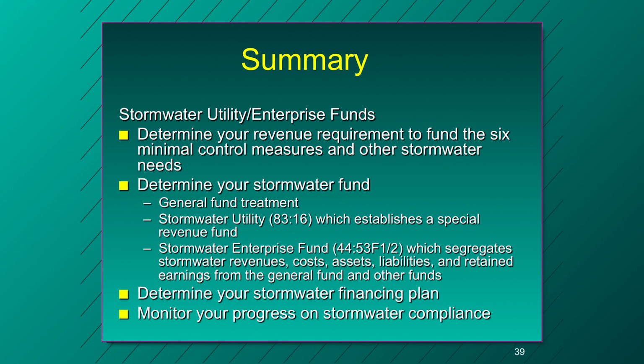Or if you want to change that to a stormwater utility, Chapter 83, Section 16 would be your vehicle. And by so doing, you would also establish a special revenue fund. Thirdly, you could establish a stormwater enterprise fund, which segregates your stormwater revenues, costs, and your balance sheet from the general fund and other funds. You would need to determine your stormwater financing plan, the revenues needed to balance your expenditure budget, and finally, monitor your progress on stormwater compliance.